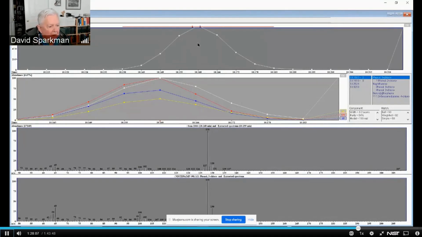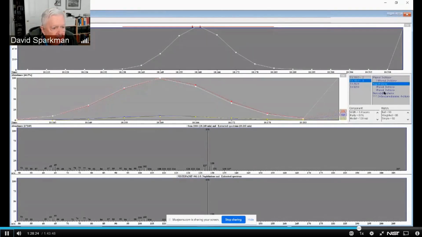It identified two separate compounds. One of them is 3-chlorophenol. Another possibility would be 2-chlorophenol. And the other compound is naphthalene.